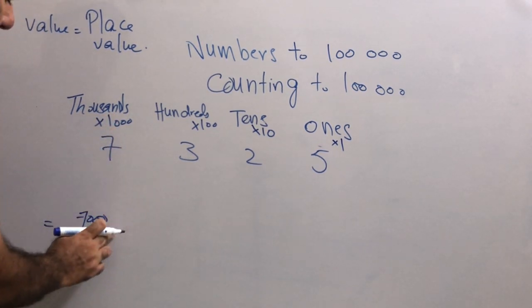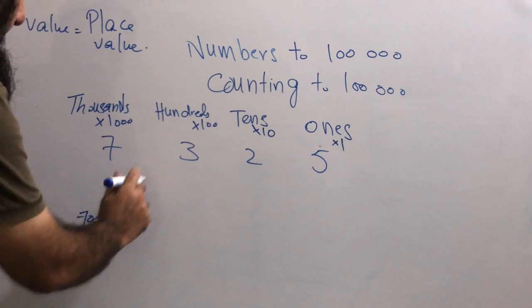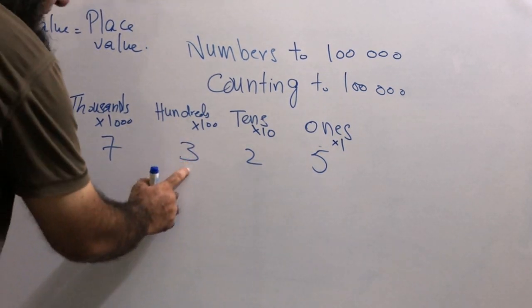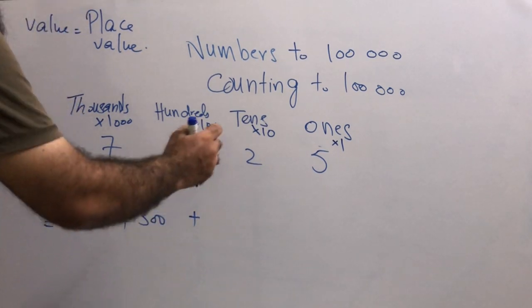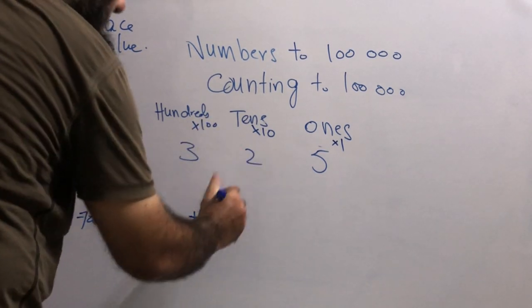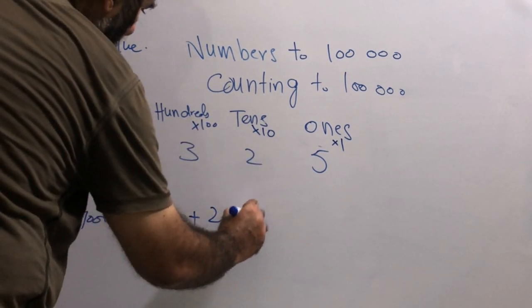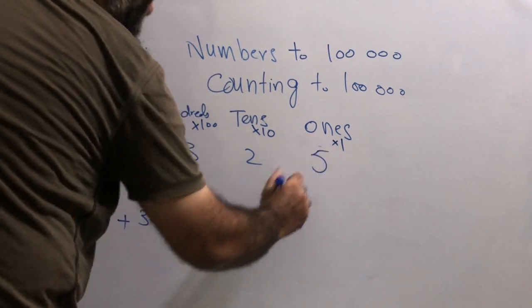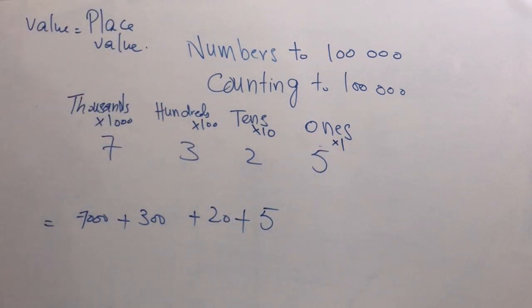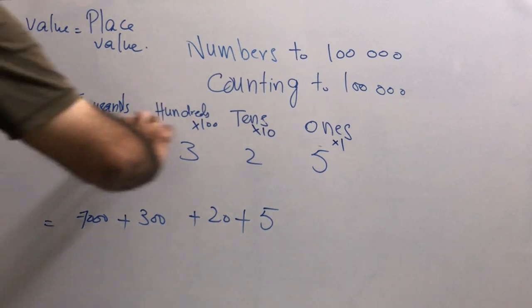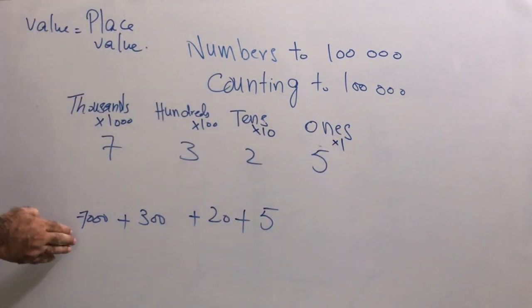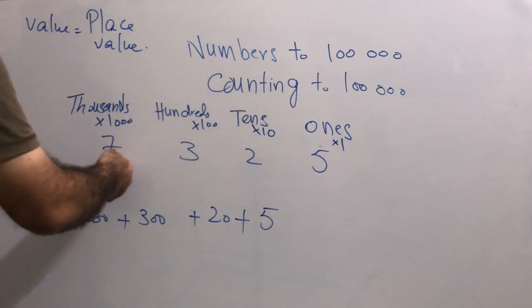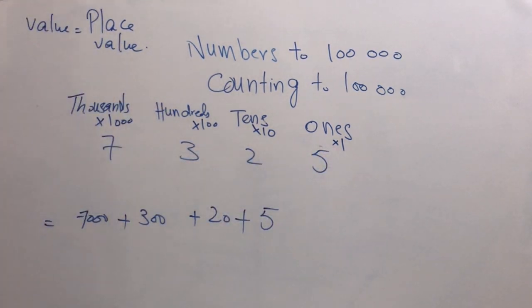It's the place value of 7. Then put a plus sign. The place value of 3 is 300. Put plus sign. Place value of 2 is 20. Plus sign. Place value of 5 is 5. Okay. So this number can also be written in this way. If you add all these, you will get the same number.